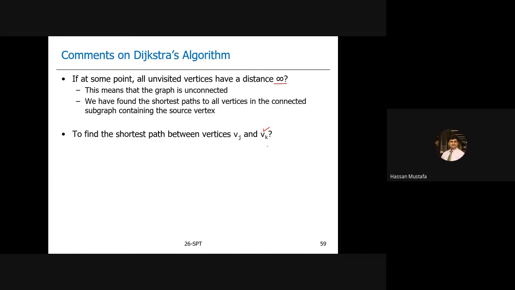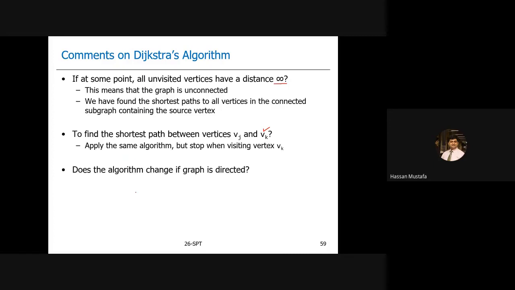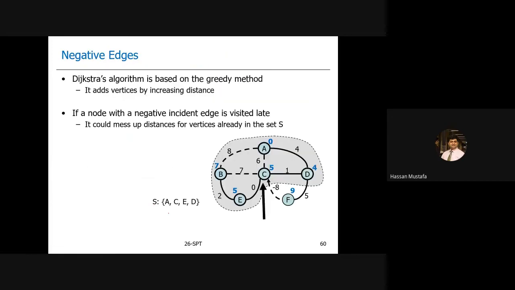So we can stop our Dijkstra algorithm on that specific vertex, that is the destination vertex, and that would be the solution to find the shortest path from node j to k. And this algorithm also works for directed graphs. So directed or undirected graph, it doesn't make any difference to the Dijkstra algorithm. It just sees if it can take a path from one node to another or not. So having a directed graph doesn't make any difference to this algorithm.